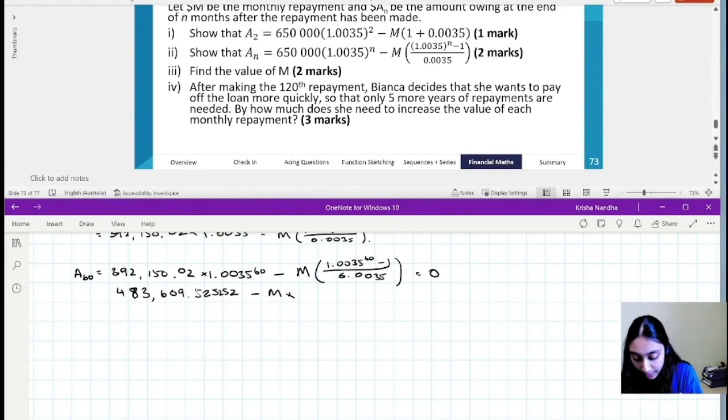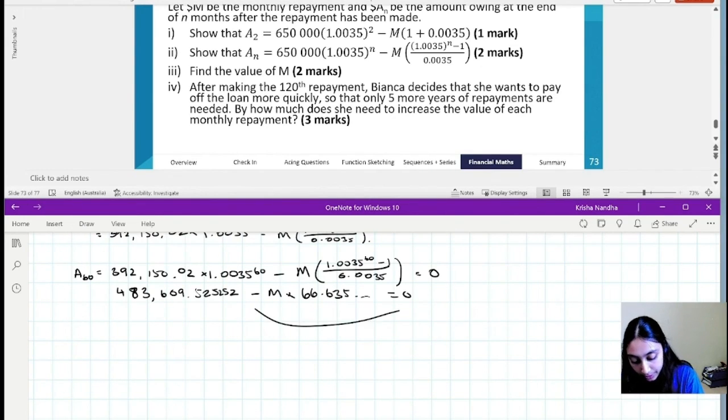Minus M times 66.35, blah, blah, blah, which will be equal to 0.